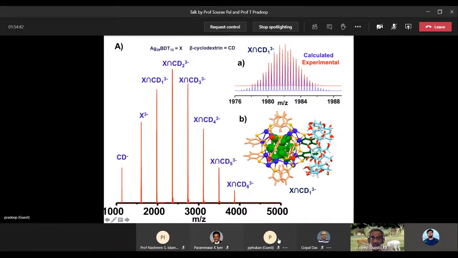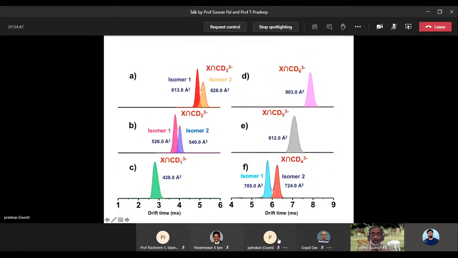Now, there are several kinds of adducts that you see. Some of them have isomers. Adduct 1 has no isomer. This is shown by ion mobility mass spectrometry, but this particular cluster has an isomer. This also has an isomer. This has an isomer. This has no isomer. This has no isomer.